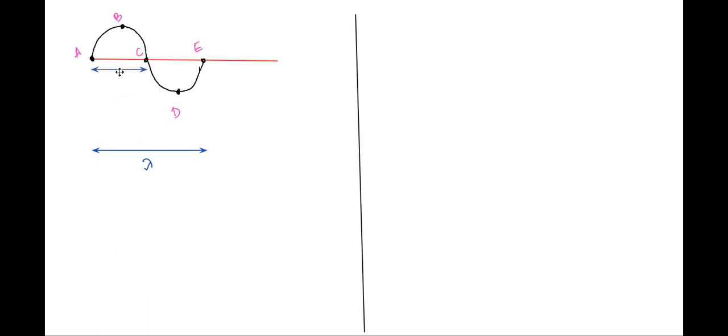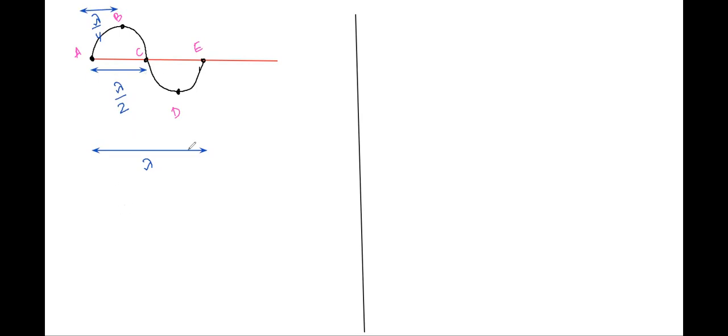The distance between A and C should be lambda by 2. Similarly, the distance between A and B should be lambda by 4. I hope everyone can understand how I can divide a wave into equal or different types of intervals depending upon time.